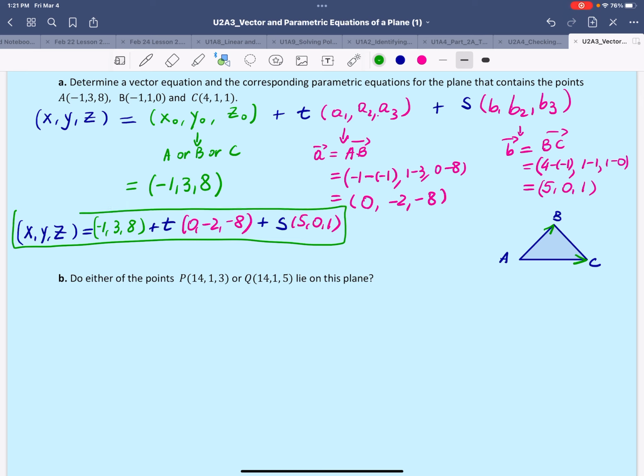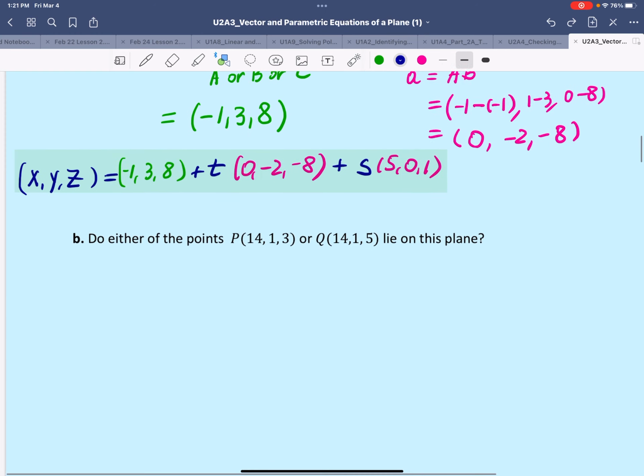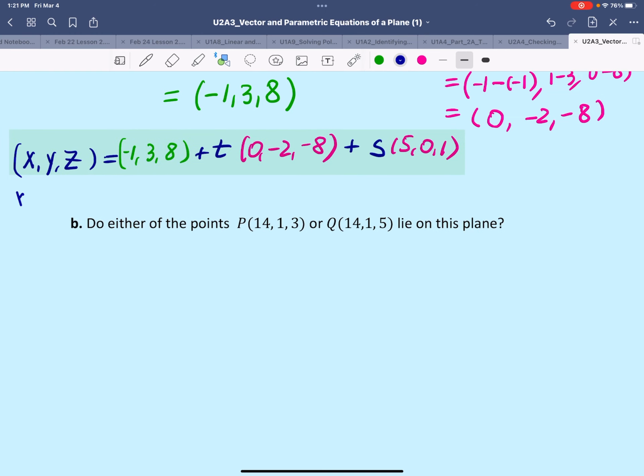And now we are about to find the parametric equations. Parametric equations are built on vector equations. So x equals negative 1 plus 0t plus 5s, or simply, x equals negative 1 plus 5s.